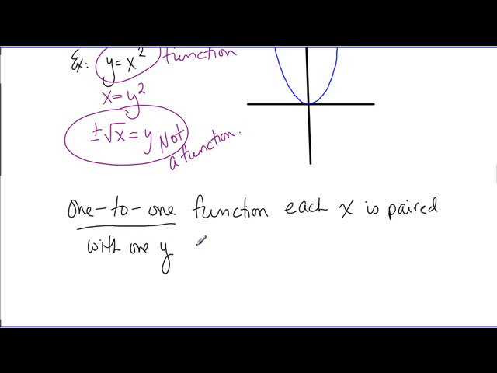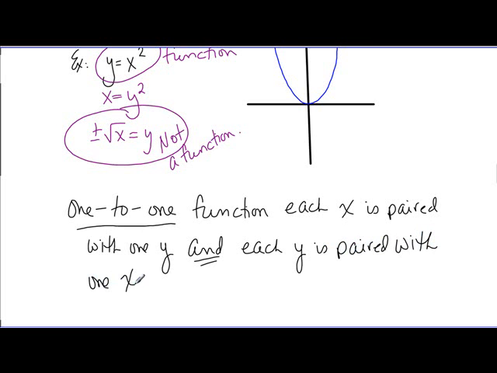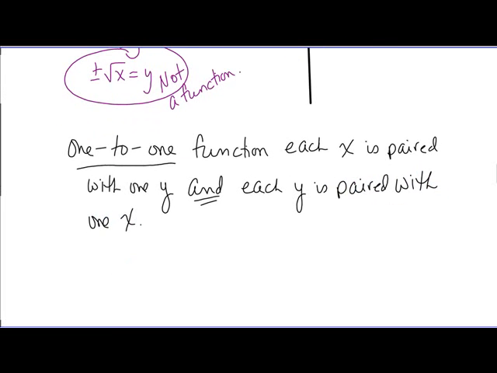If the function is going to be one-to-one, it will also be true that each y is paired with exactly one x. So to have a function, you have to have every x matched up with just one y value. In other words, the x's can't be repeated. To have a function that's one-to-one, it also has to be true that every y gets matched up with just one x value.